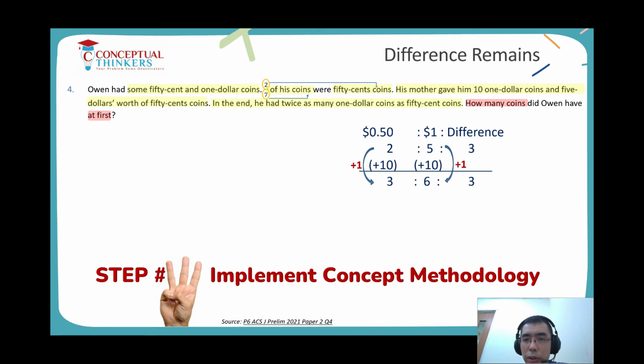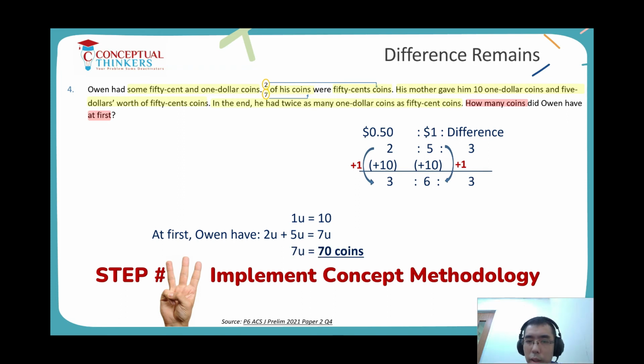From 5 units to 6 units is because his mother gave him 10 $1 coins. So I know that 1 unit will give me 10. At first, Owen has 2 plus 5 equals 7 units of coins. So we know that Owen had 70 coins at first.